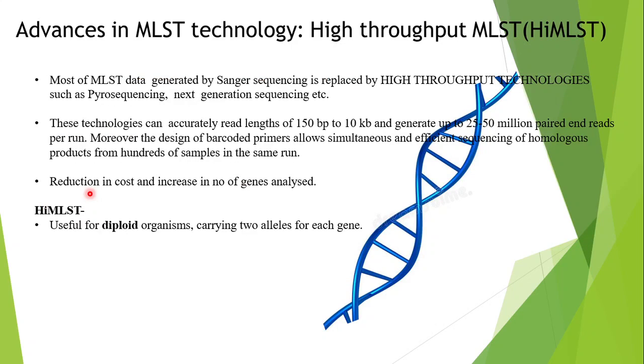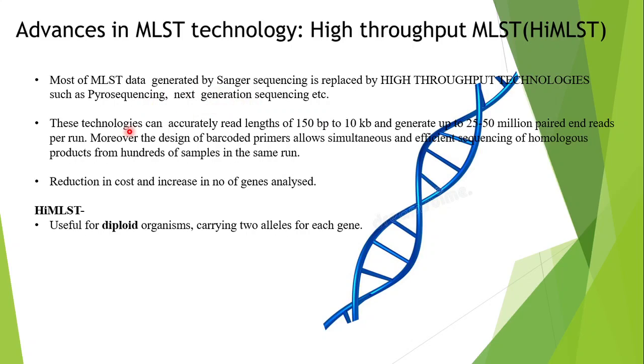Advances in MLST technology: high throughput MLST, which I previously mentioned. Most of the MLST data that is generated by Sanger sequencing is now replaced by high throughput technologies such as pyrosequencing, next generation sequencing, and whole genome sequencing.